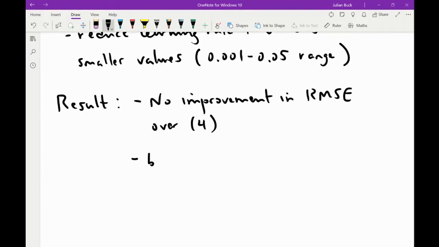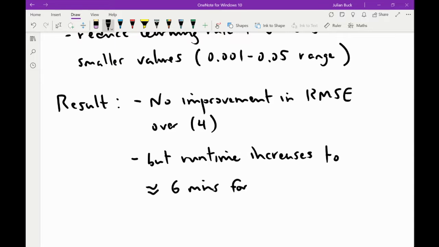But runtime increases, which makes sense because we're using a smaller learning rate, so it takes longer, to approximately 6 minutes for the best performing models. Okay, so that's an indication that we didn't really gain anything here, but also it takes longer.